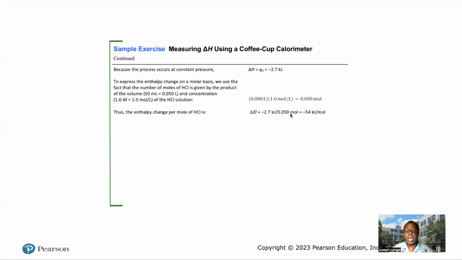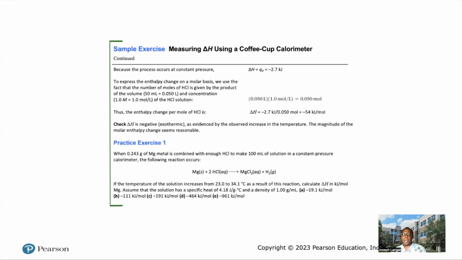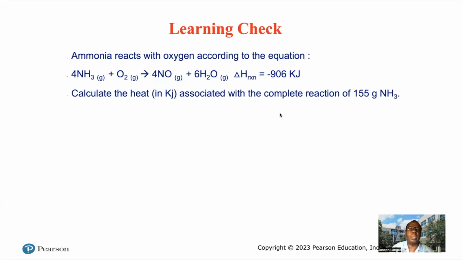And then we divide by the number of moles. This is the enthalpy for the reaction per mole, depending on how much we have.